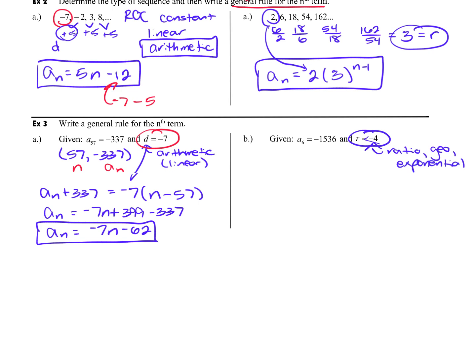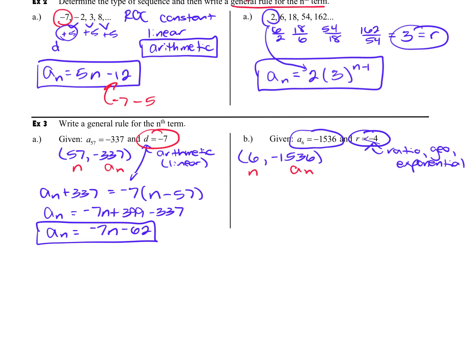That's how you know which formula you need to use, just based on this given information. Then we're going to take this one term they gave us, and write that as a nice ordered pair. So 6, negative 1,536. It doesn't hurt to remind yourself that this is n and this is a sub n. We'll use that in a bit.